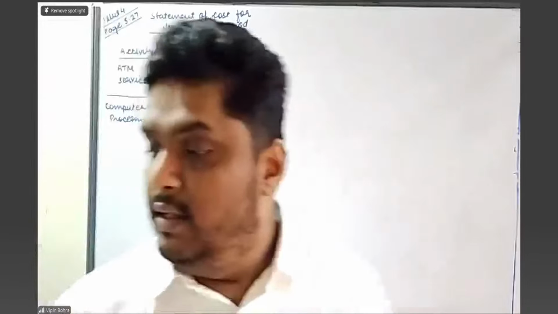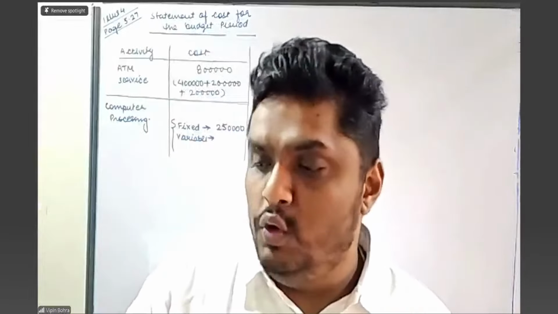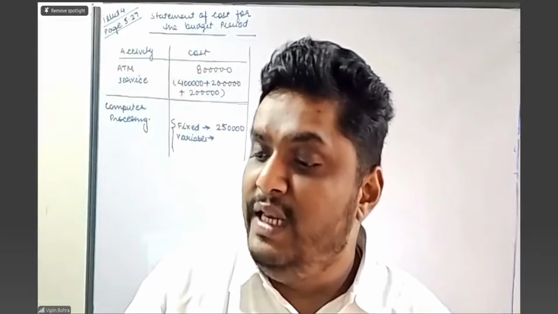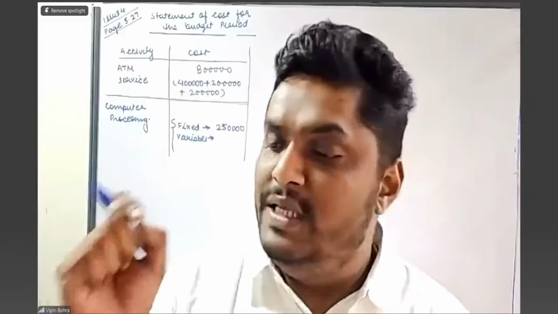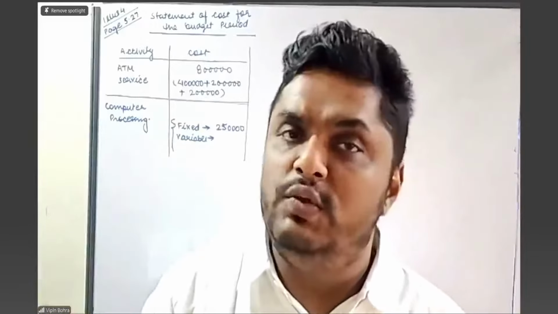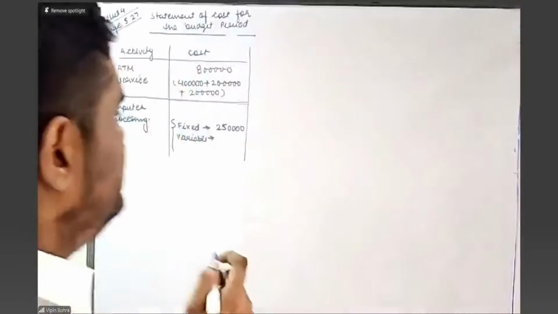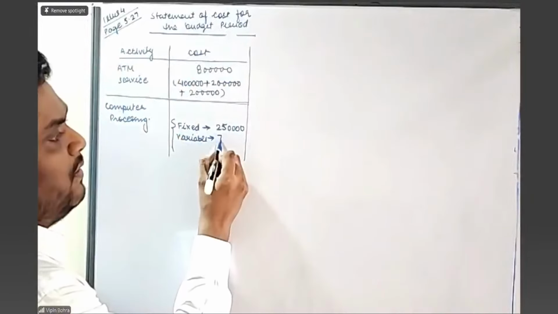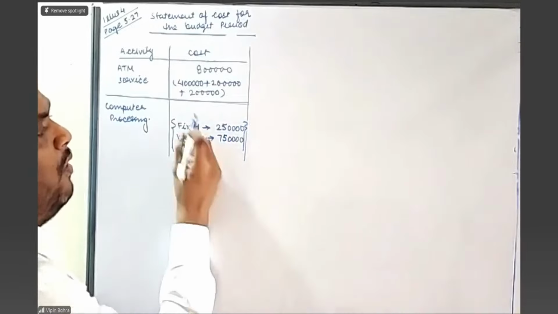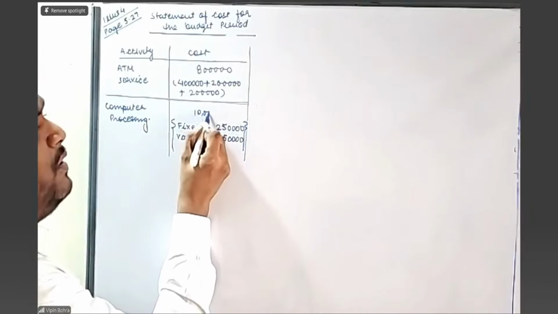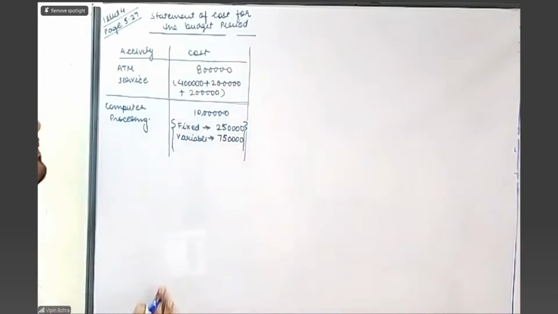Variable, it is saying that the variable portion is expected to increase to 3 times. It means the balance 2,50,000 is to be increased to 3 times. So this will be 7,50,000. So the total computer processing cost will be 10 lakh.